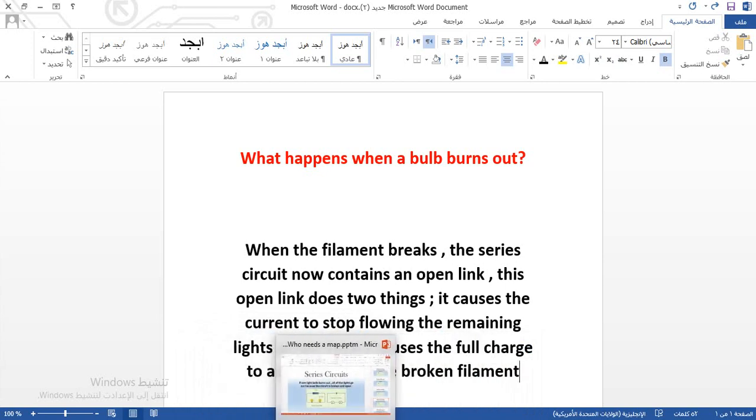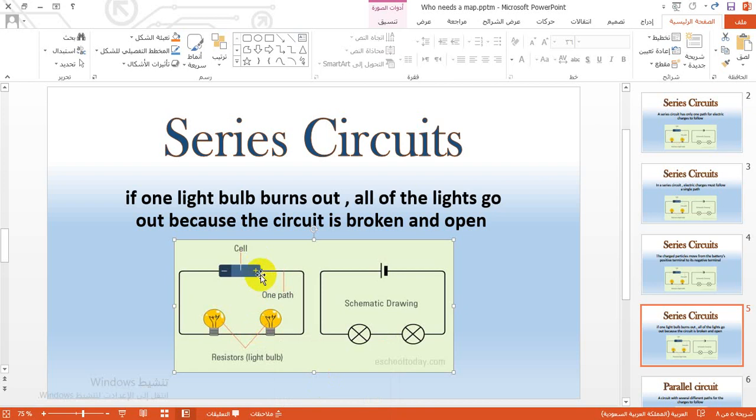So if we go back to the page here, see the charge coming from the positive terminal. It moves, and when this one breaks or burns out, what will happen to the light here? The full charge will be kept here and will stop here.